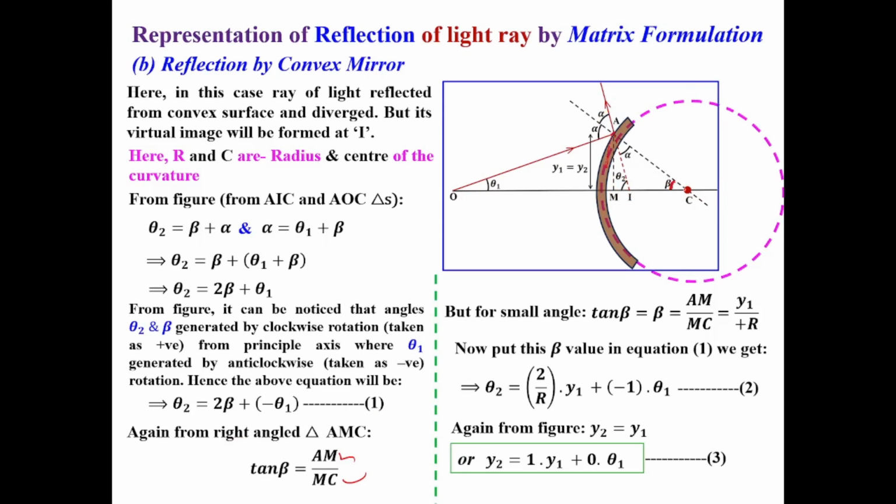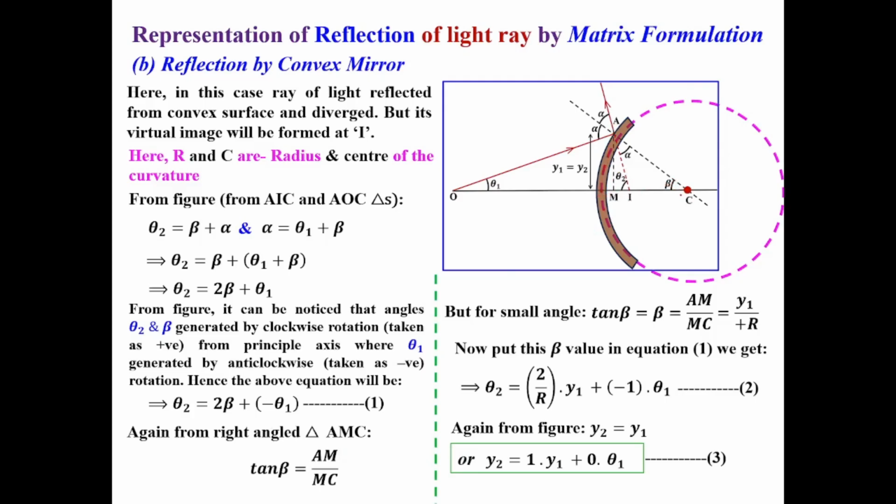That means if I reduce this beta value, the A point will be here. So M point will again be moved towards the surface of this convex mirror. That means by considering the small angle, this MC distance is equivalent to R, right?